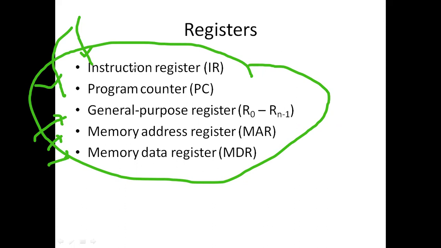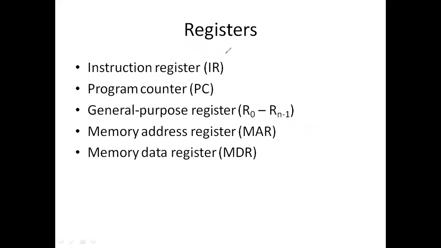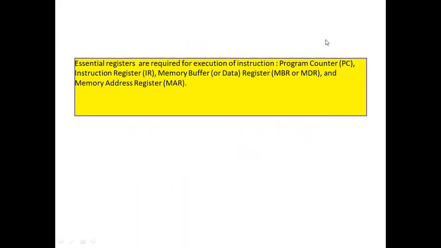So the essential registers are the instruction register, program counter, general purpose registers, see R0 to Rn-1, memory address register, and memory data register. So let's try to discuss each of them in detail.